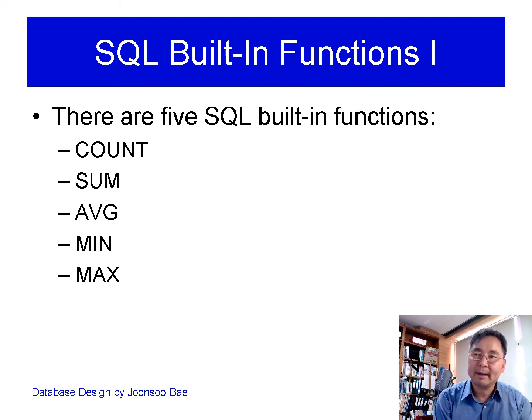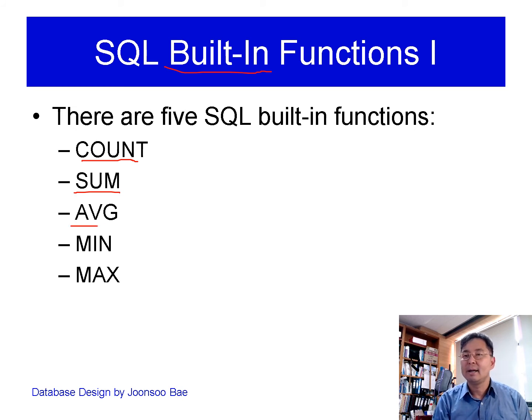Okay, next topic. The next variation of SQL statement is built-in functions. These built-in function types are here: count, counting the number of data, sum, summing all of the data, average, mean, max.